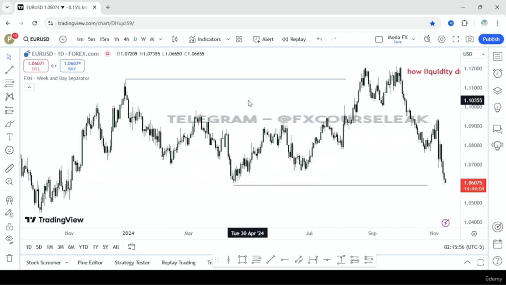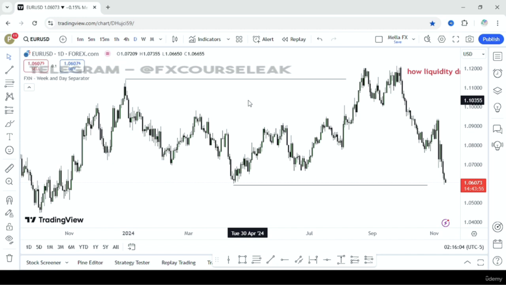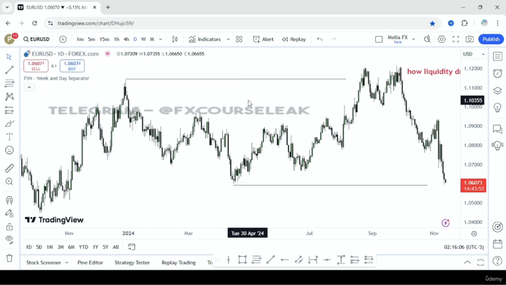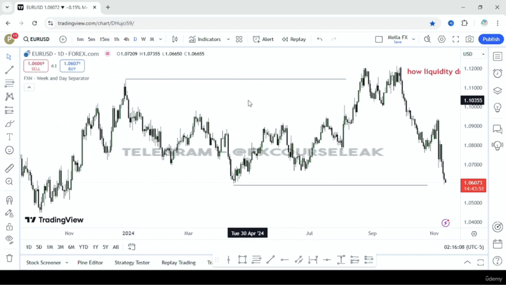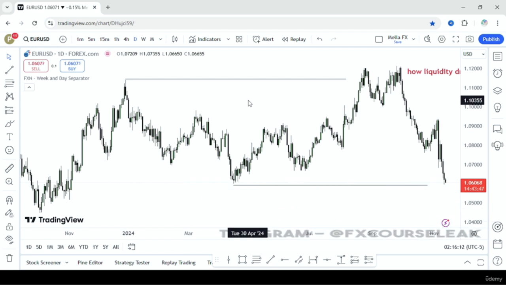This is where, in scalping and in session liquidity, the market moves from liquidity that is found in the session zones, for example the Asian, the New York, or the London.